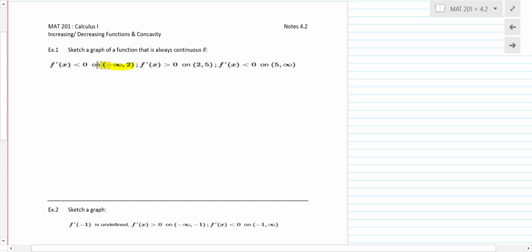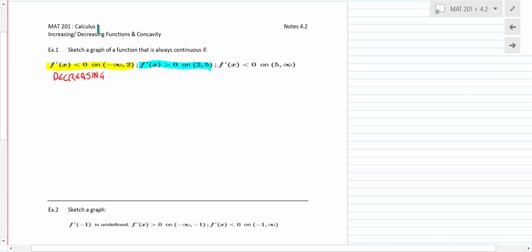So here's clue number 1. First of all, I'm giving you that the derivative is negative, okay? If the derivative is negative, are we increasing or decreasing? We're decreasing. So we would be decreasing on this interval from negative infinity to 2, okay? That's what that means. Next clue, clue number 2. We're like a mathematical detective, okay?